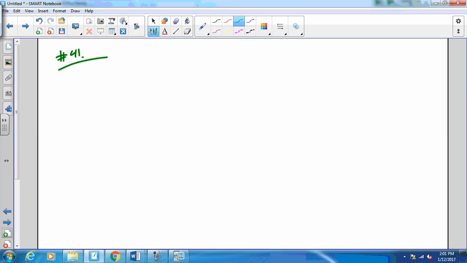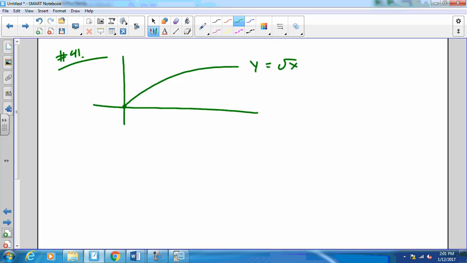Let's take a look at one more, number 41. In number 41, we have a curve y equals square root of x, and we have a point 3/2, 0. It's on the x-axis.